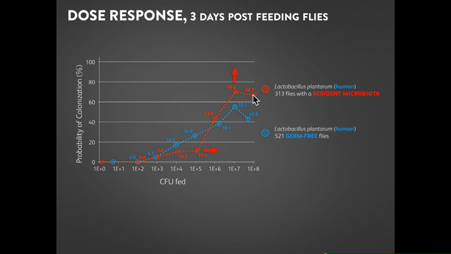Since these flies already have a microbiota, maybe the immune system knows that lactobacillus is not a pathogen, and the germ-free flies have never seen any bacteria, so you feed them any bacteria, they think it's probably harmful. Another explanation would be that the pH would change due to the presence of the microbiota. So we are still investigating that.